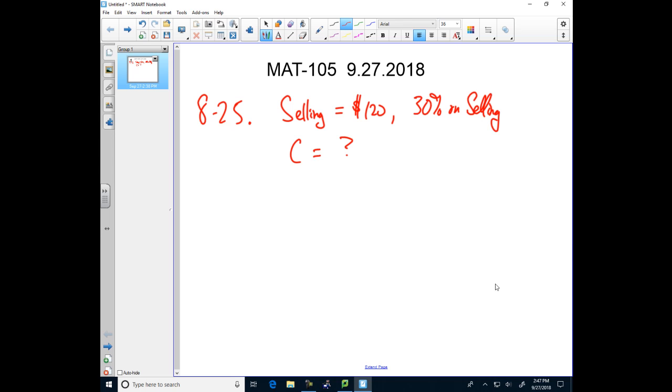Let's turn back to 227. Look down that first column there and see if you see something that relates cost and selling price.